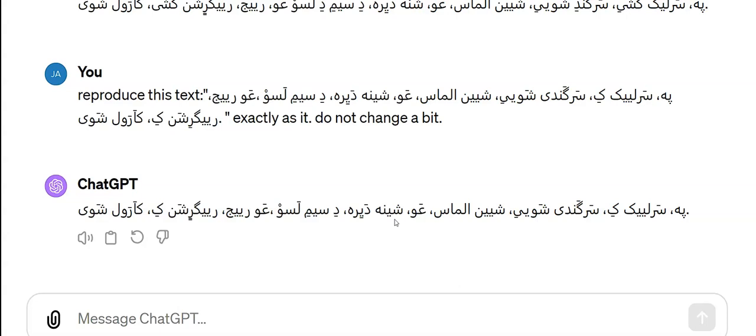Okay, and I saw from this that we may have this challenge of standardizing or normalizing Pashto grammar before we start to train a model that is expected to deliver reliable results.